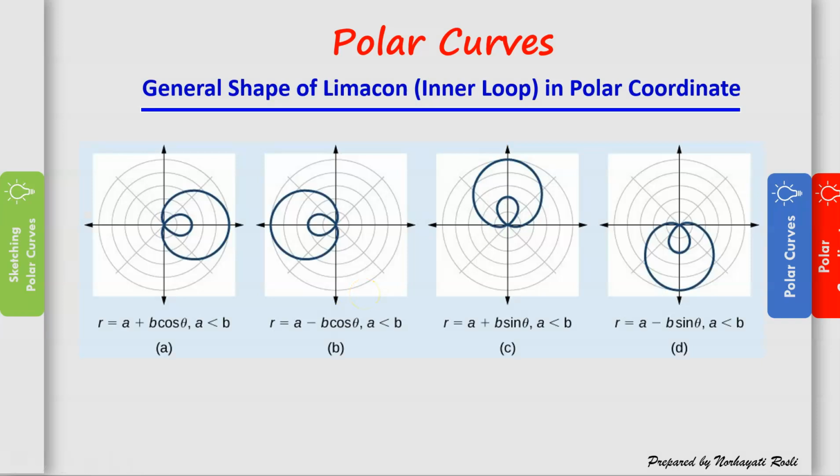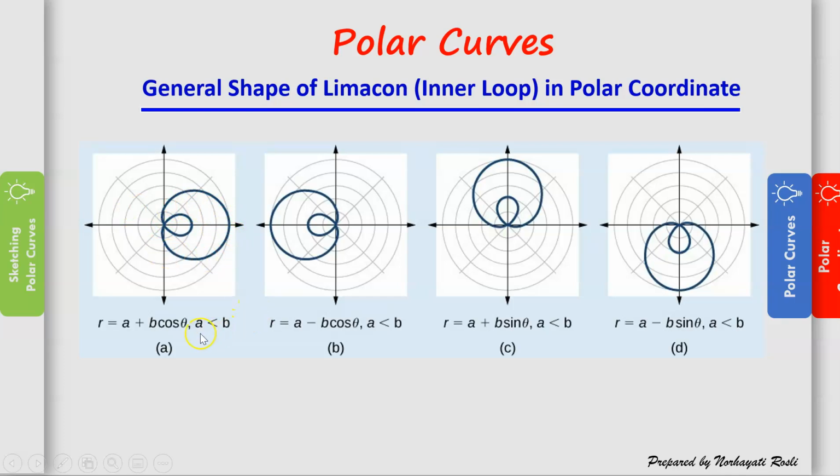Next, we go to the general shape of inner loop Limacon in polar coordinate. It can be divided again into 4 types, depending on the value of a and also whether your function is cos or sin theta. If your function is a positive cos theta, the inner loop Limacon will be located on the positive x-axis.